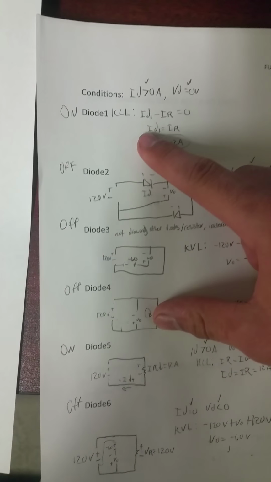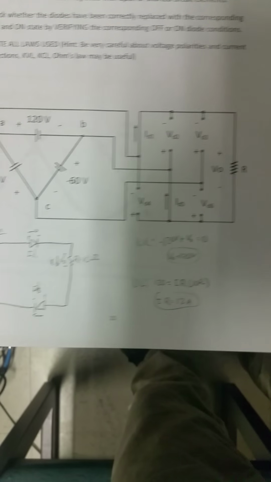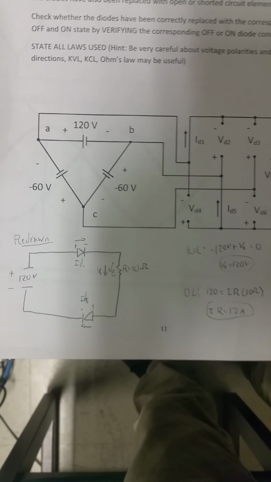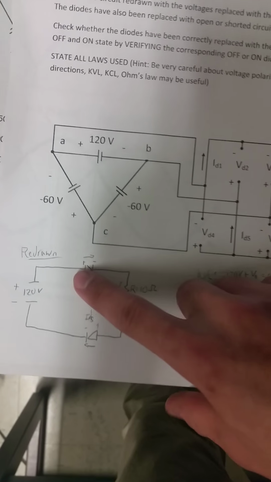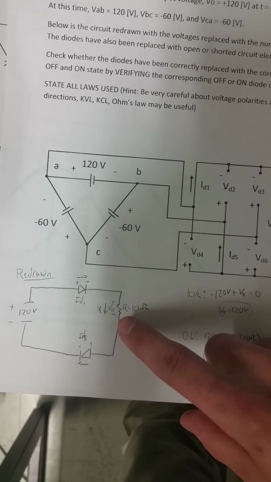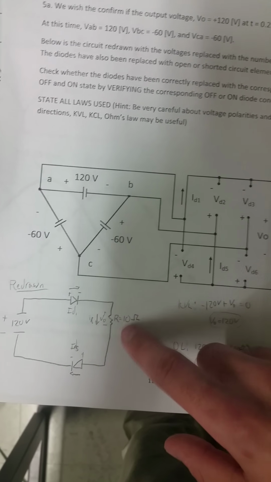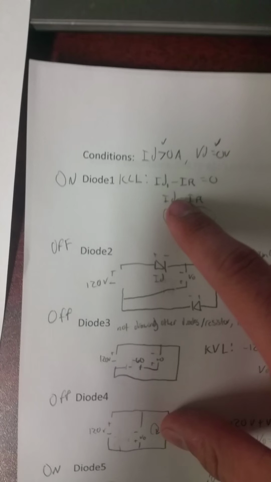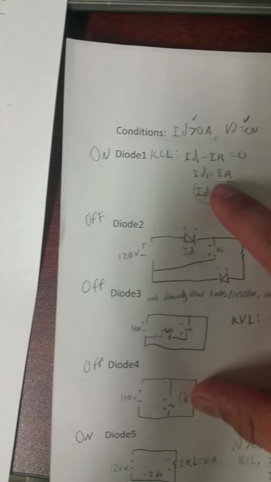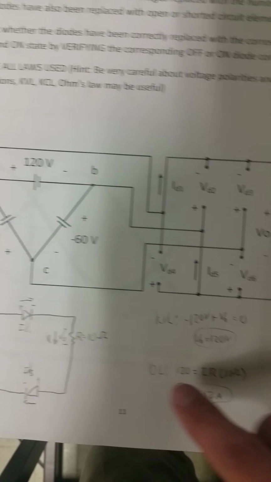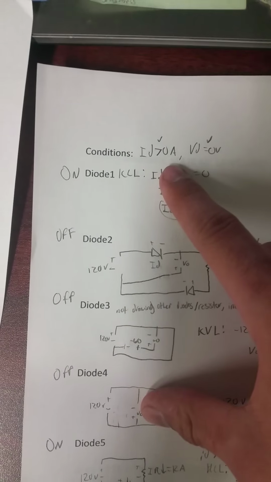So here's our KCL, which says that ID1 minus the current through the resistor should equal 0. So we see that here. ID1 equals IR. And what did we say IR was? 12 amps right there. So that one checks out quite nicely.